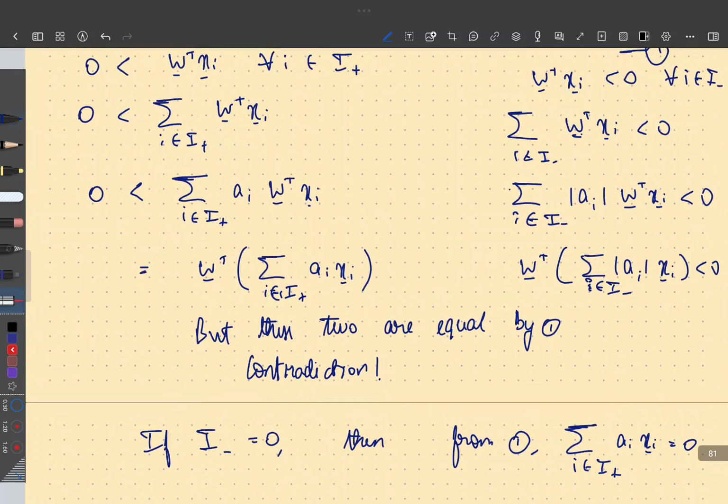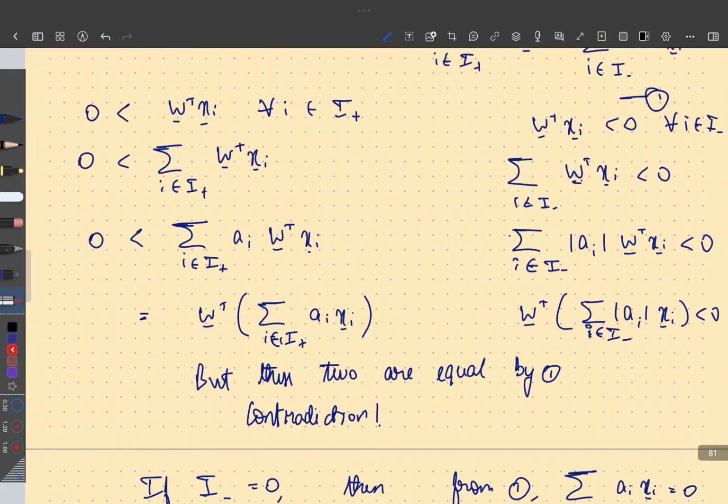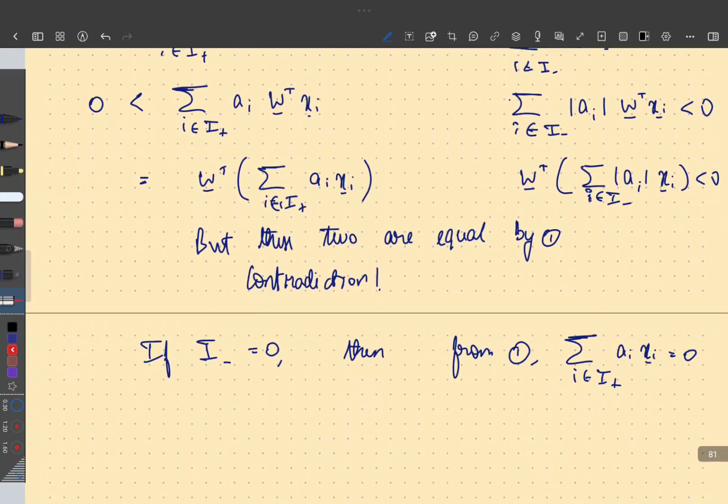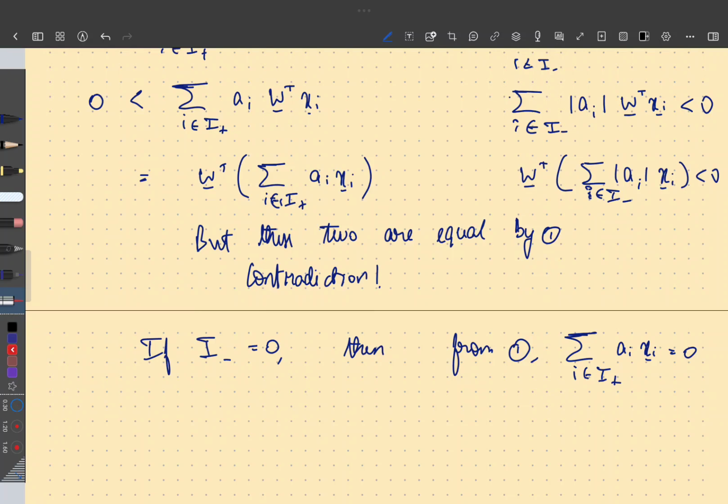But then what I want is for W transpose x_i to be positive for all of them, which is not possible. I still arrive at a contradiction. The same holds if I plus is empty. That's why I require at least one of I plus and I minus to be non-empty. If both of them are empty, then everything is equal to 0, and there's nothing to say.